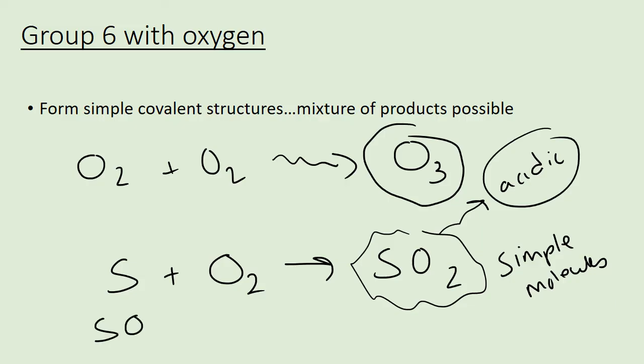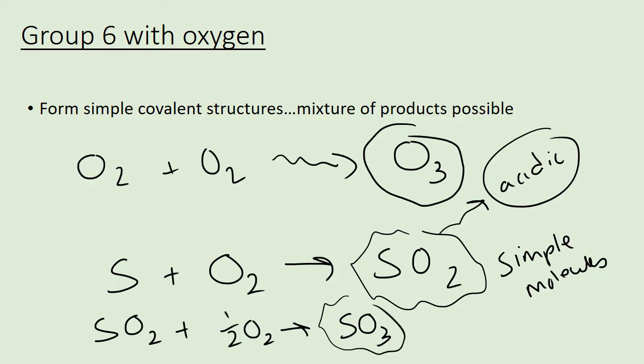What can happen is if you continue to heat it, it can actually react further with oxygen to make SO3, but again they're both acidic. So your sulfur will undergo reaction with oxygen to make sulfur dioxide gas, which is acidic. It's a simple molecule. The sulfur dioxide can go on further to make SO3. So pop that on your revision card.